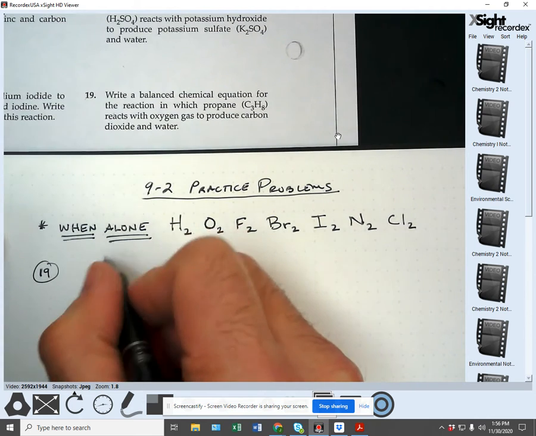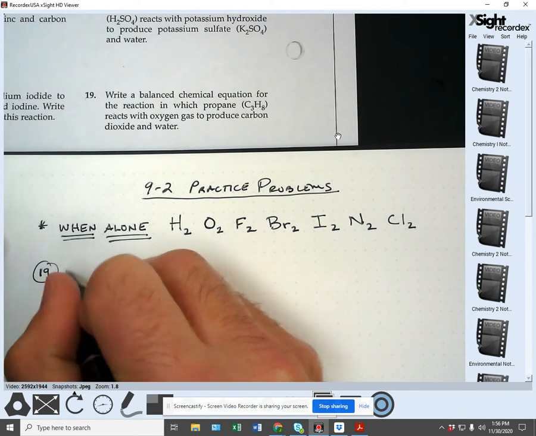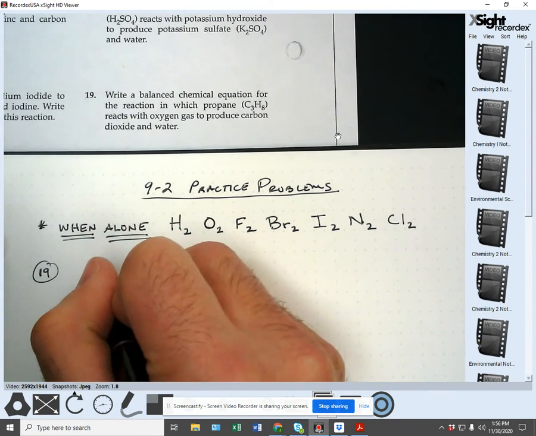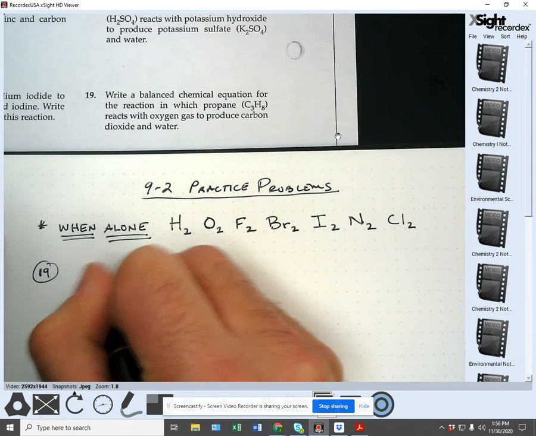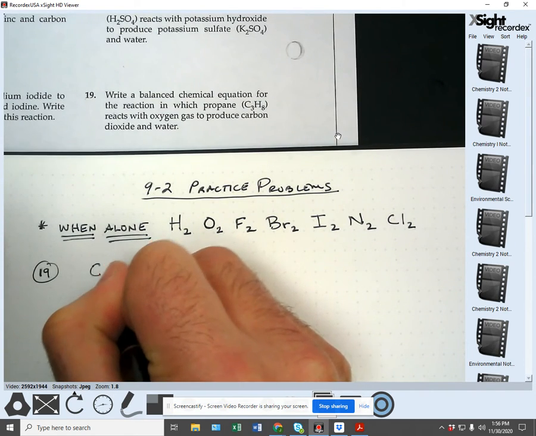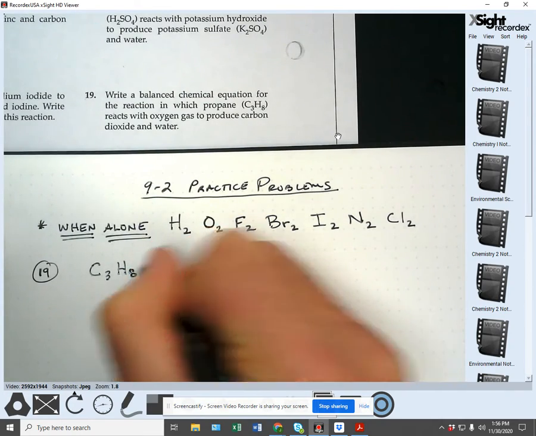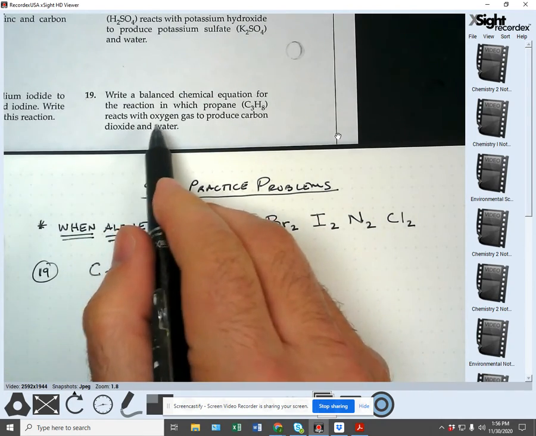Okay. I'm going to leave a little space in front of each formula so I can balance it in case I need to put coefficients in front. So C3H8, okay, reacts with oxygen gas.